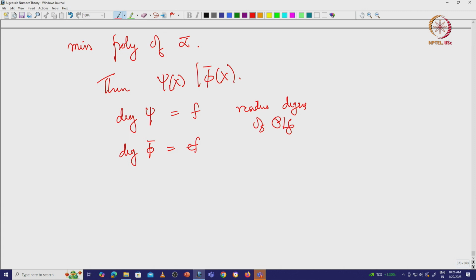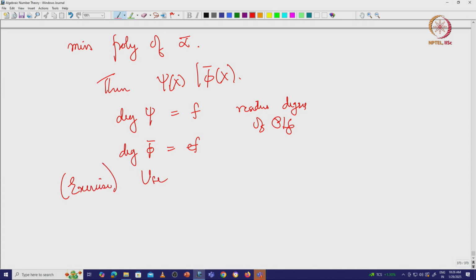Okay. And now using the fact that, basically Hensel's lemma, let me just go back a little bit. So again, there are things to verify, so let me do this as an exercise.